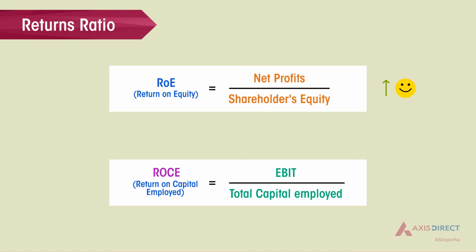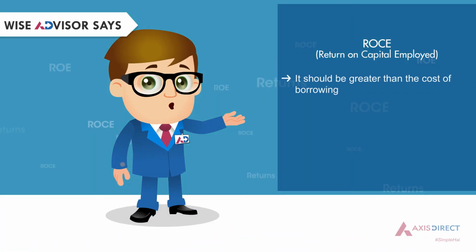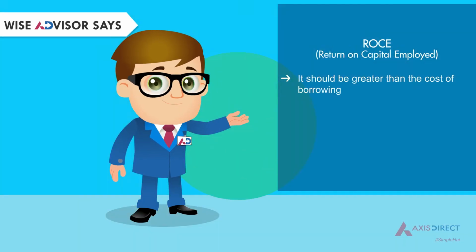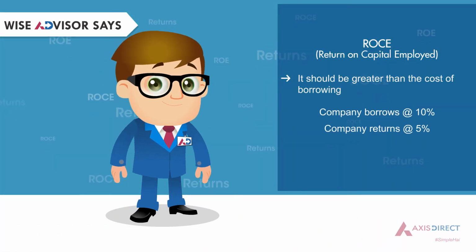Here, EBIT is earnings before interest and tax. A higher return on capital employed ratio indicates that the company generates more earnings per rupee of capital employed. Return on capital employed, ROCE, should be greater than the cost of borrowing. If company pays 10% interest and earns 5% returns, it is not a good sign.